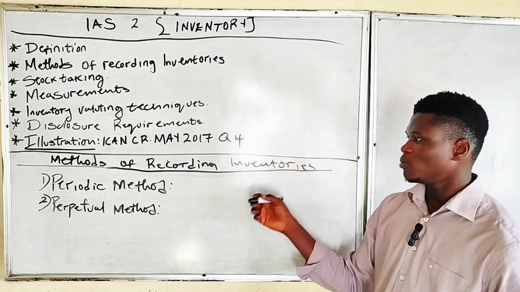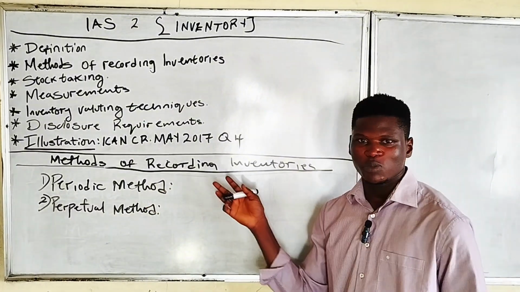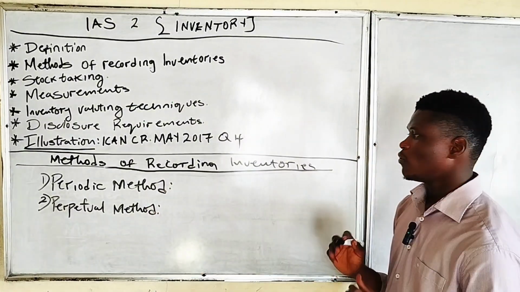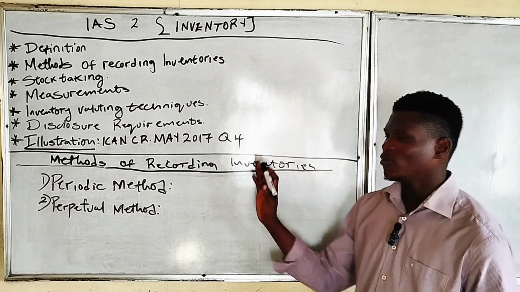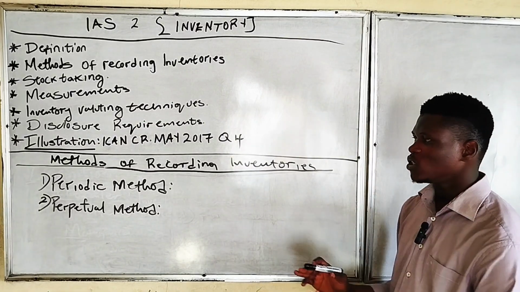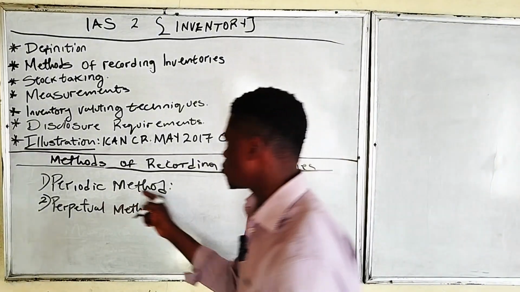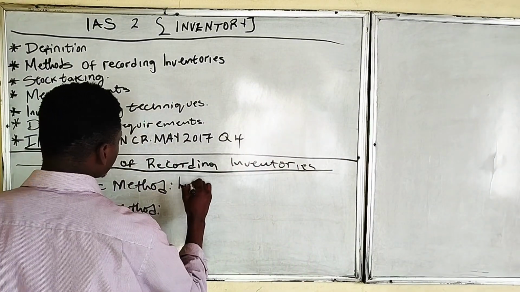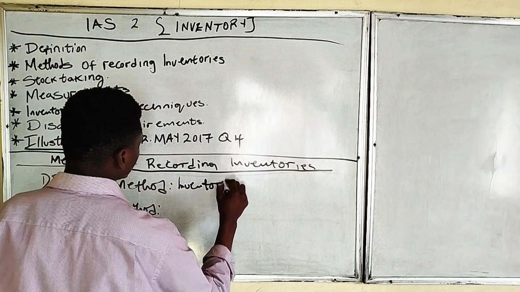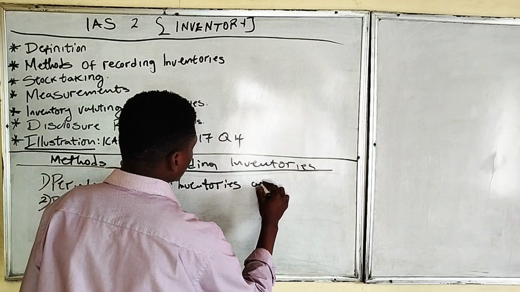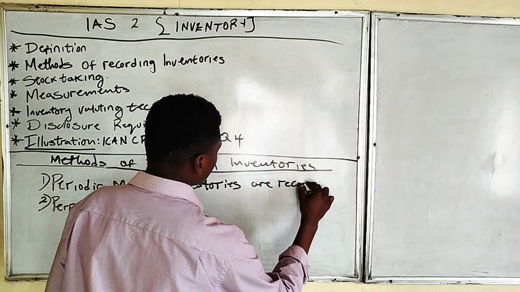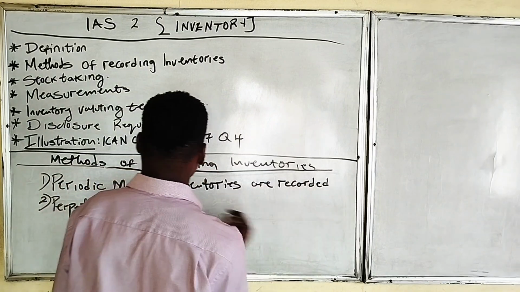So if, for example, an entity decides to use the periodic method for recording inventories, inventories are recorded at the end of each accounting period. That's for the periodic method.